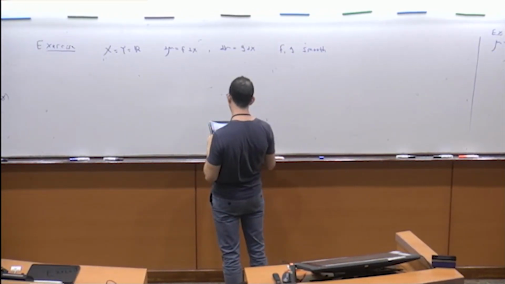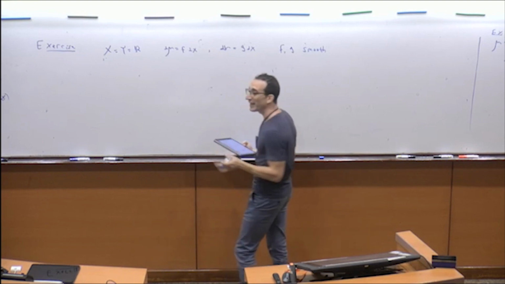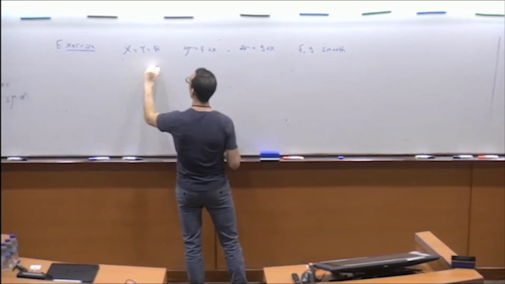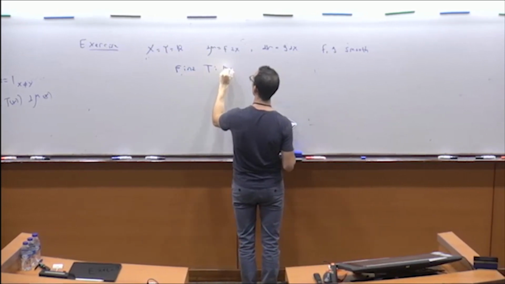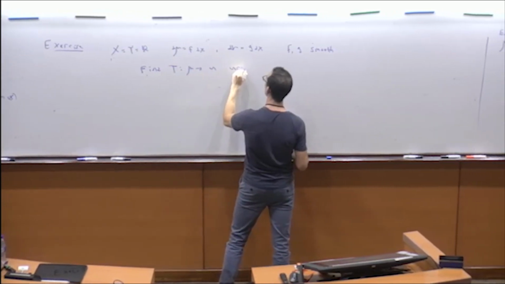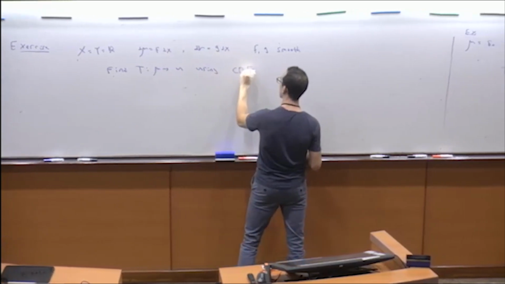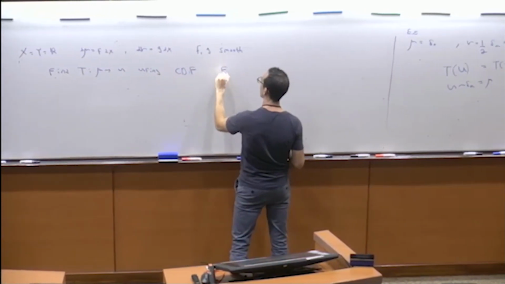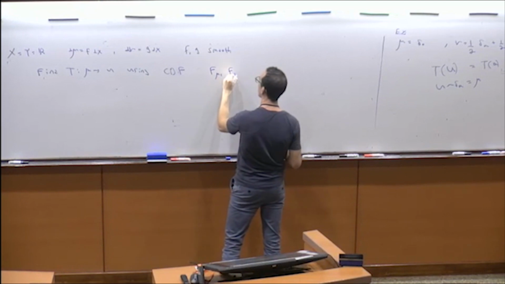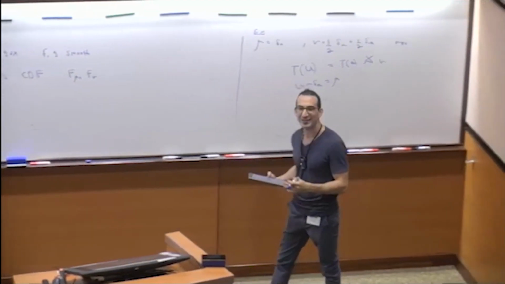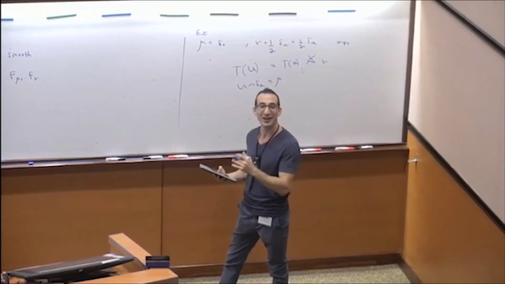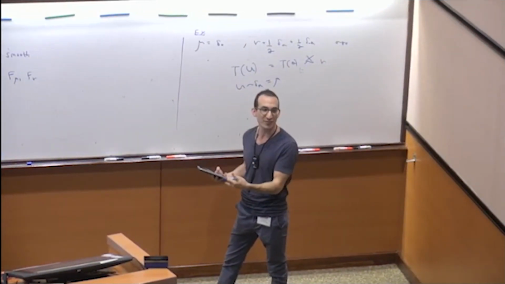So originally I thought of just giving a hint, just saying find T, which goes from mu to nu, using the CDF, the cumulative distribution function of the random variable. But no need to be annoying. I'll just give you the formula, and then you just have to verify it.